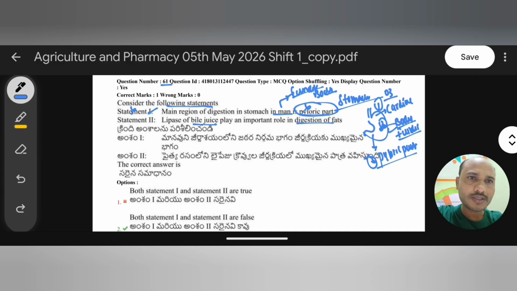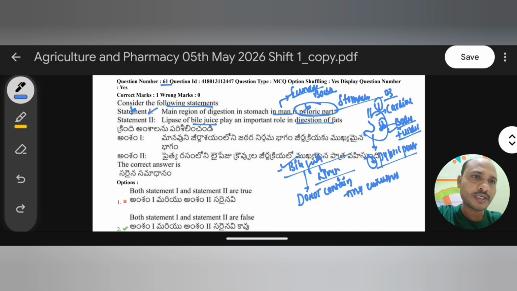Now coming to lipase of bile juice plays an important role in digestion of fats. No. Bile juice is secreted from the liver, we know that. Liver cells, the hepatocytes, secrete bile juice. Remember, bile juice does not contain any enzymes. Bile juice contains only bile salts, 97% water, and bile pigments.